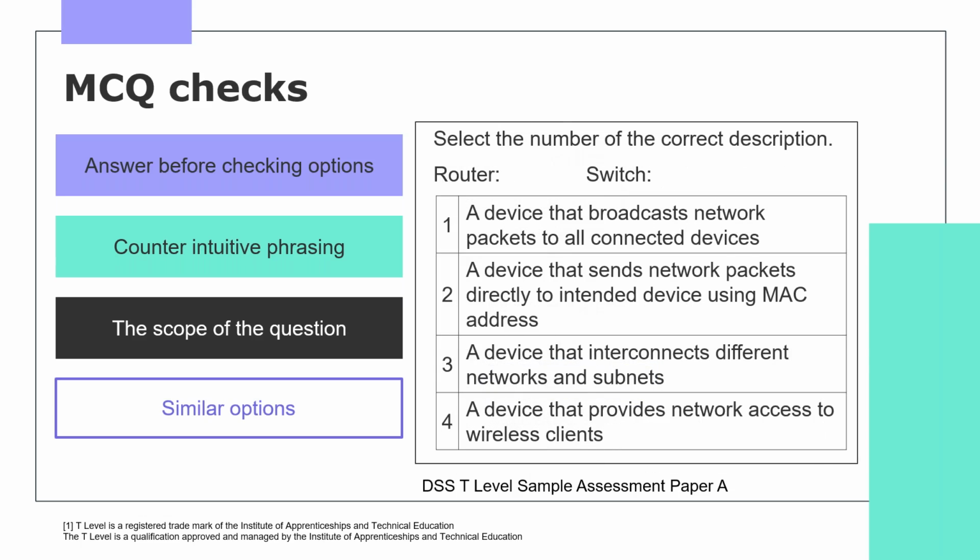And one final check is for similar options to choose from, as some can have similar phrasing. With the example question shown, students could easily mix up options 1 and 2, as they both send network packets to devices. But only option 2 is the correct definition for a switch.